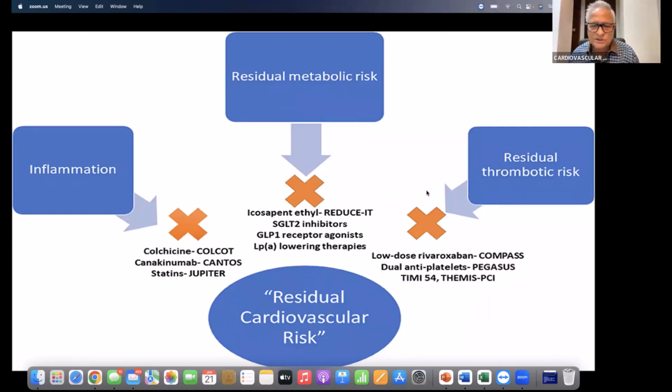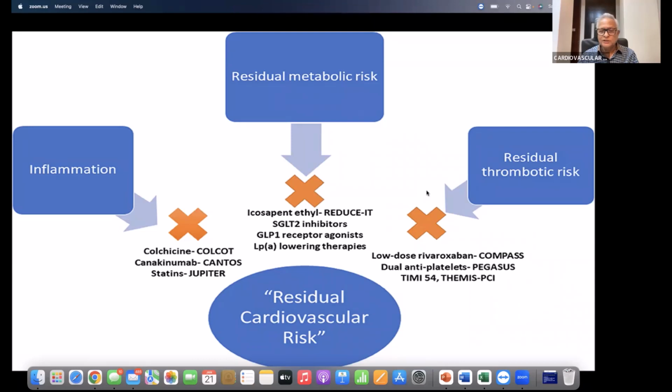Now as I said, secondary prevention is more challenging because of the residual risk. What is the residual risk? It could be inflammation, which we all know, if inflammation is there, the atherosclerosis is very active. And we can identify that by doing an HSCRP.